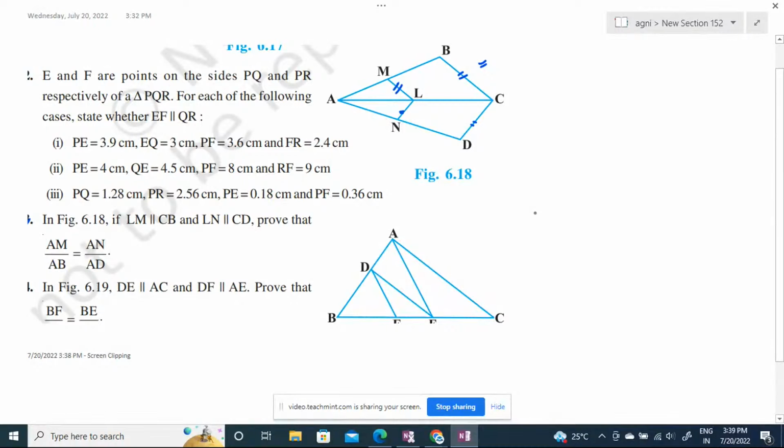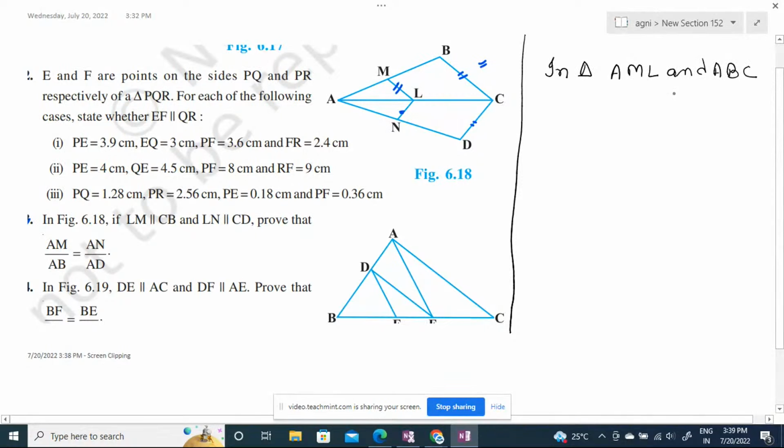So, if we see this question, in triangle AML and ABC, it is given that LM is parallel to CB.